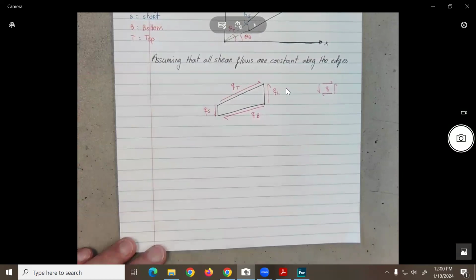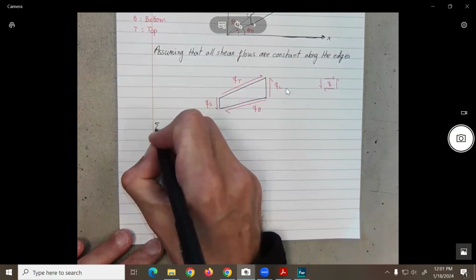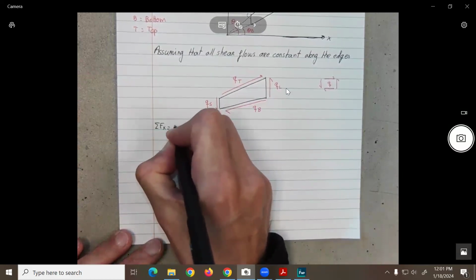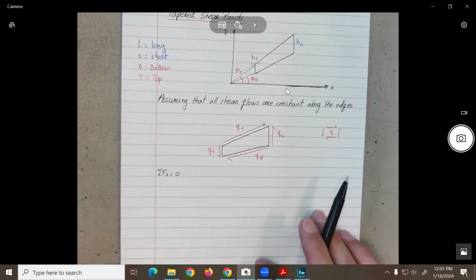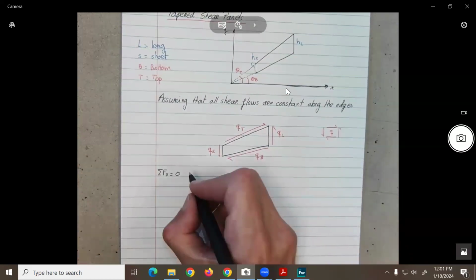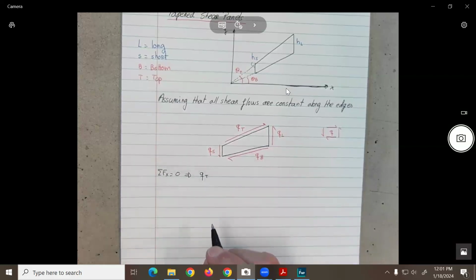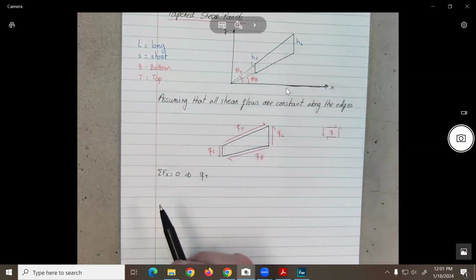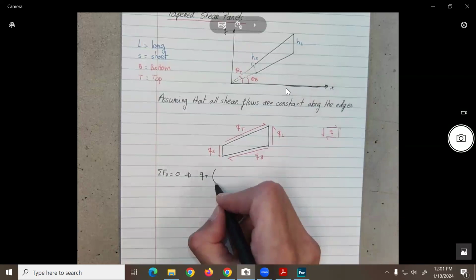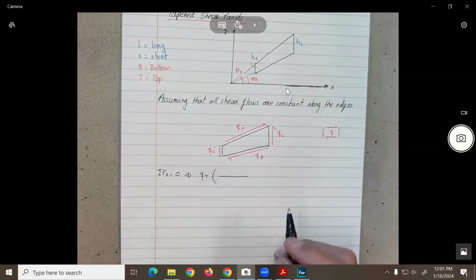So from this element we do the summation of forces in the x direction, and we also need to use the top figure. So what should be the force? The force should be equal to the length of this one over here. Oh, I forgot to do one thing on the top figure, otherwise we'll never understand it.